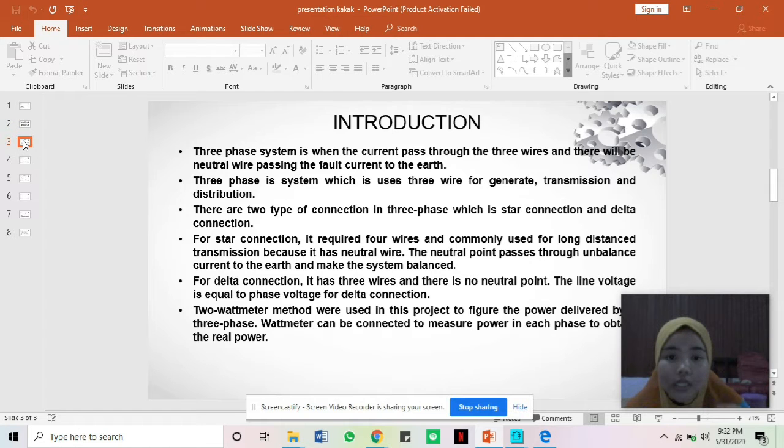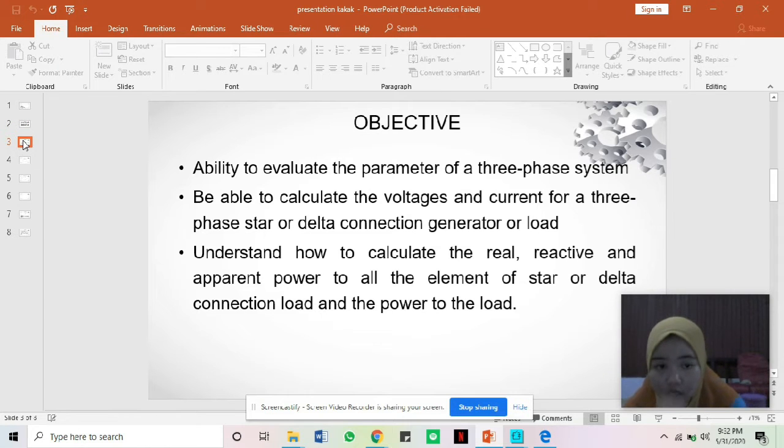So the next one is the objective of this project. First one, ability to evaluate the parameters of a three-phase system, which are the phase voltage, line voltage and load voltage. The next one is to be able to calculate the voltage and current for a three-phase star or delta connection, generator or load.